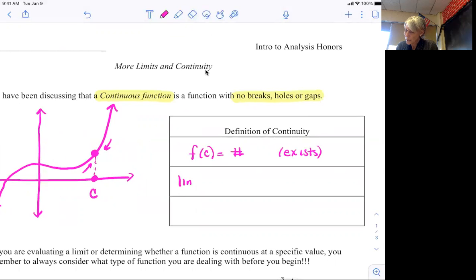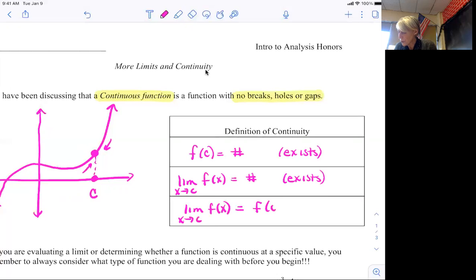When we evaluate the limit as x approaches that number, we get an answer. And depending on what the function is, we may need to evaluate one-sided limits, so we have to be careful at that step. And the last thing we do is match them up. If the two numbers match, then our function is continuous.